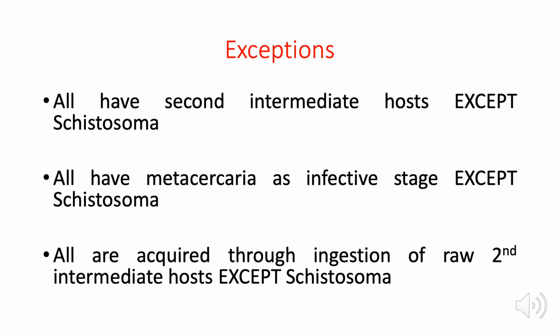All parasitic trematodes have second intermediate hosts except Schistosoma. All have metacercarial stages except for Schistosoma. All are acquired through eating raw second intermediate hosts except for Schistosoma, because schistosomiasis is acquired through skin penetration by the cercaria.